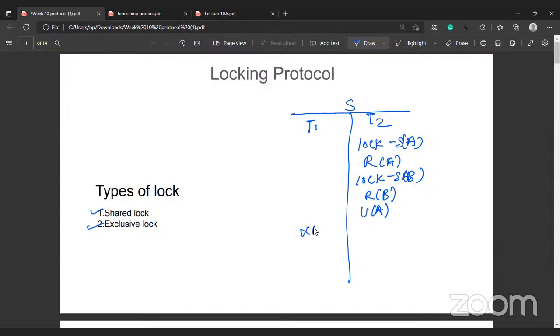Then exclusive lock, then read A, right? And then unlock A. So is this valid? Does this follow the locking protocol? Anyone?